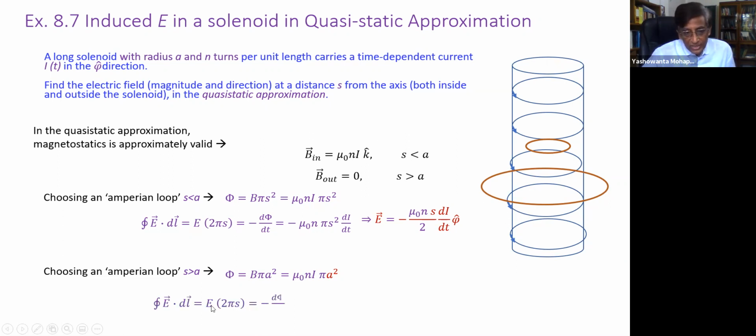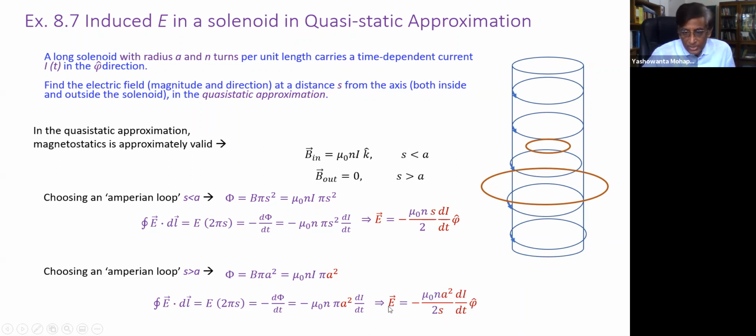So E dot dl is now E 2 pi s, with s greater than a, and equals minus d phi by dt. This is again minus mu naught n pi a squared dI by dt. Instead of s squared, it is a squared, because the magnetic field is only confined to radius a. That gives E equal to mu naught n a squared divided by 2 s times dI by dt, in the phi direction.